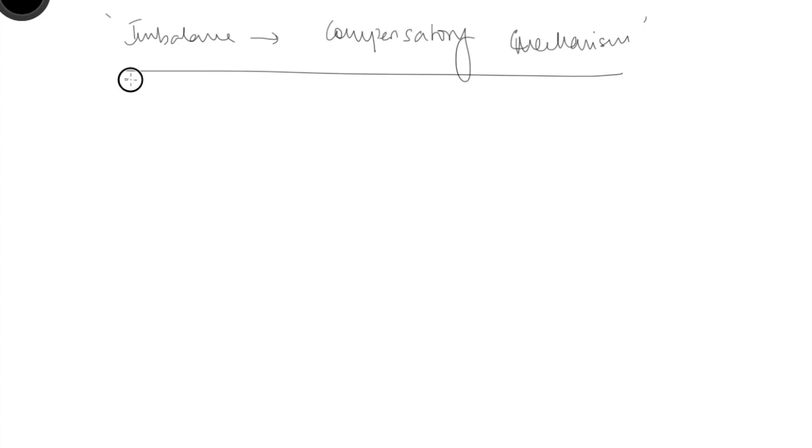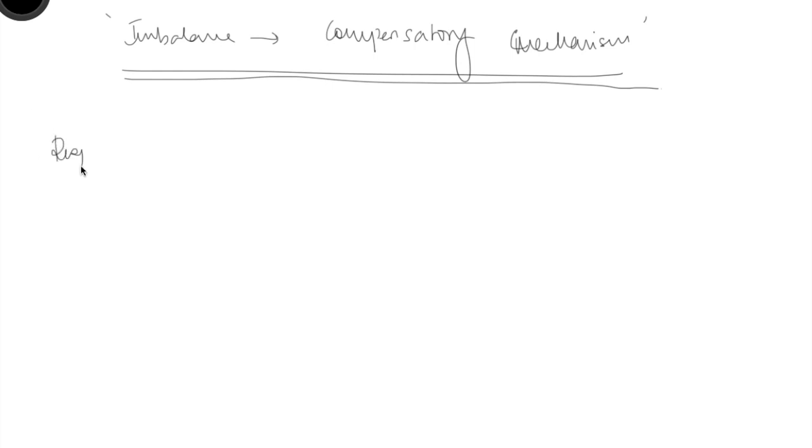When you look at the acid-base imbalance, when there is an imbalance in the body, what does it try to do? There will be a compensatory mechanism. Whenever there is any imbalance, there will be a compensatory mechanism that the body will try to bring in. Now this is all about physiology. This is what homeostasis is all about. Okay, so there are 4 combinations.